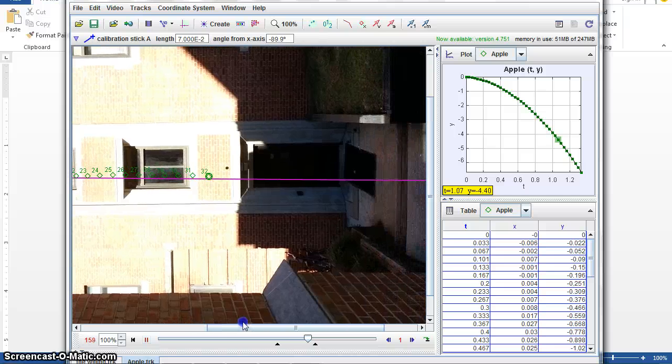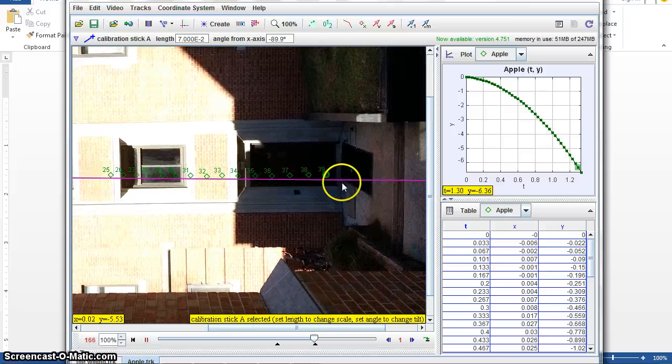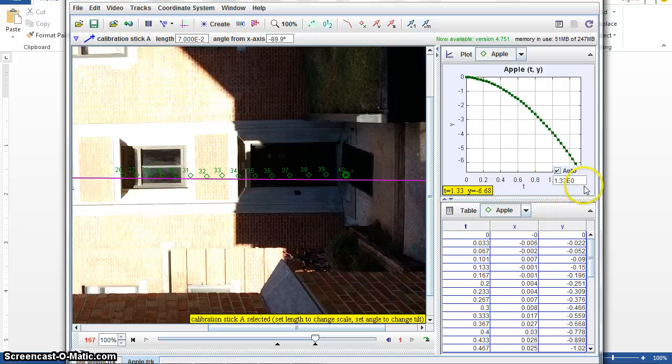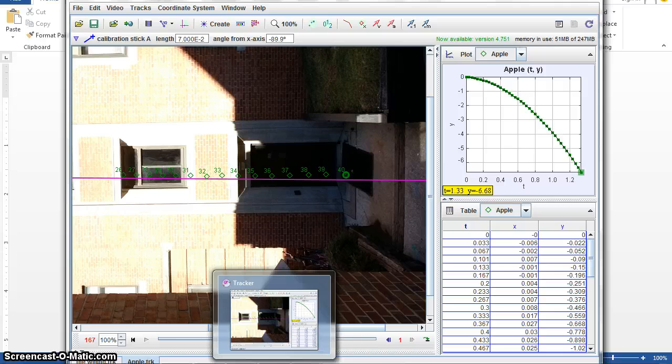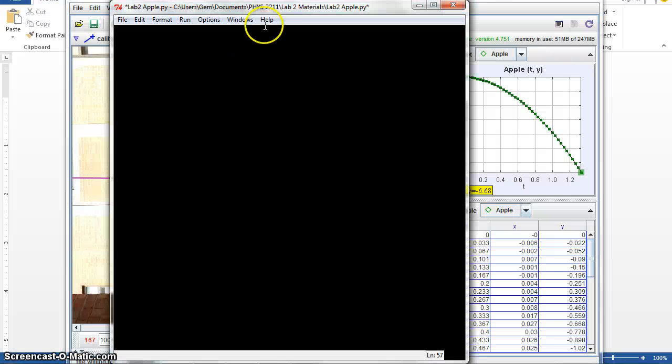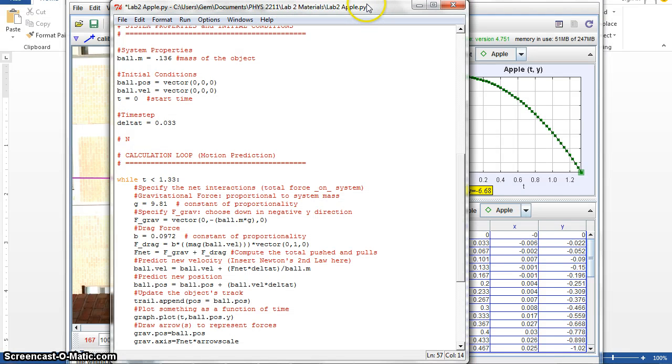As you can see, the ball is falling, and as time increases, the negative y position also decreases. I then took this information, put it in the spreadsheet and made a graph. But before I show you the graph, I will show you the coding for this.